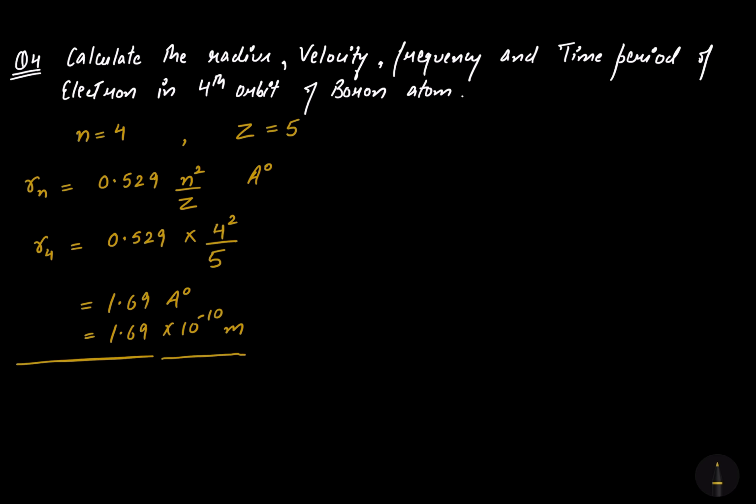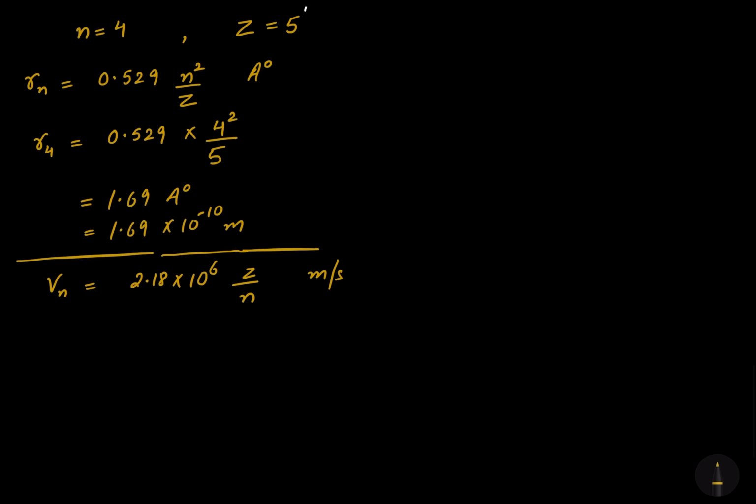We have just evaluated the radius. Now let's talk about the velocity. What's the formula for velocity of electron in nth orbit? It comes out to be 2.18 into 10 to the power 6 into z divided by n, in meters per second. So this is 2.18 into 10 to the power 6.